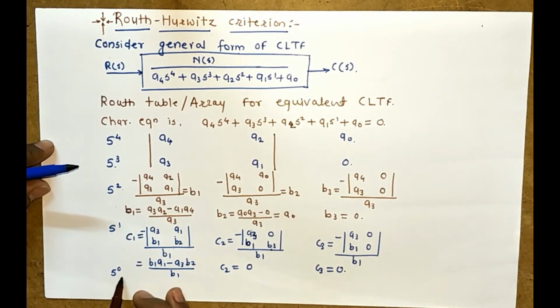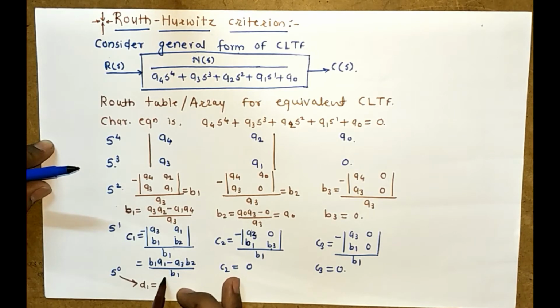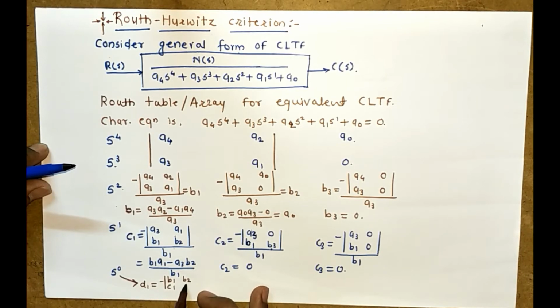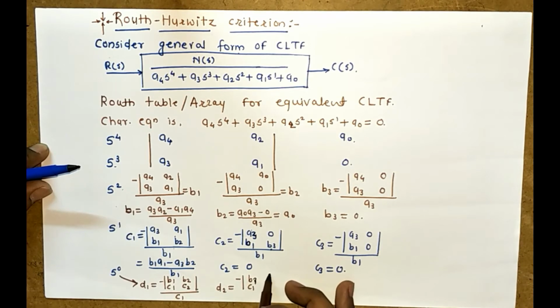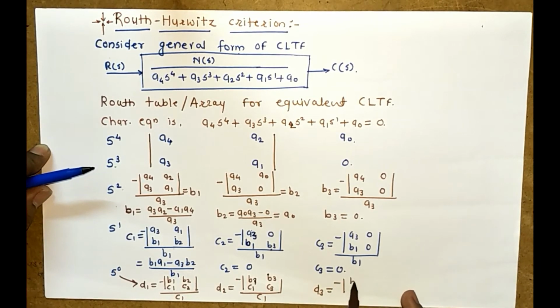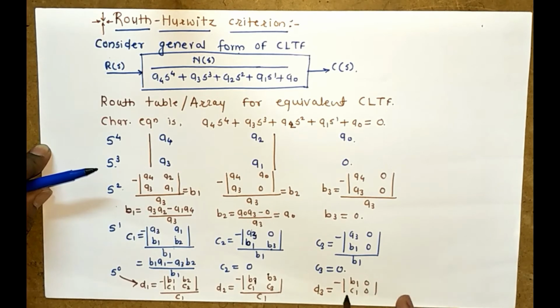Now find out the values of the last row. d1 is equal to b1 c1, b2 c2, divided by c1. d2 is equal to b1 c1, b3, directly I am writing here b1 c1 0 0 divided by c1.